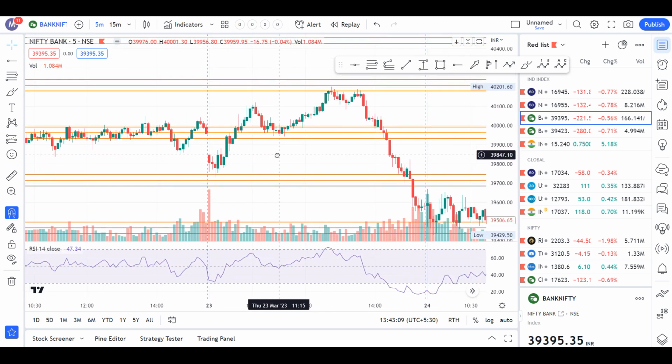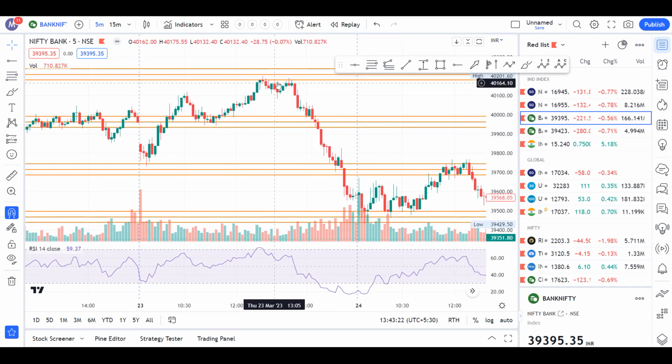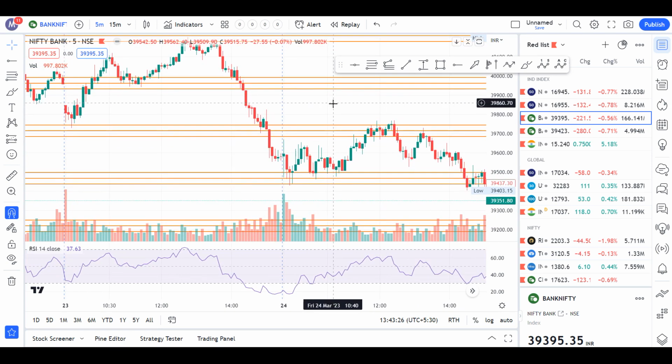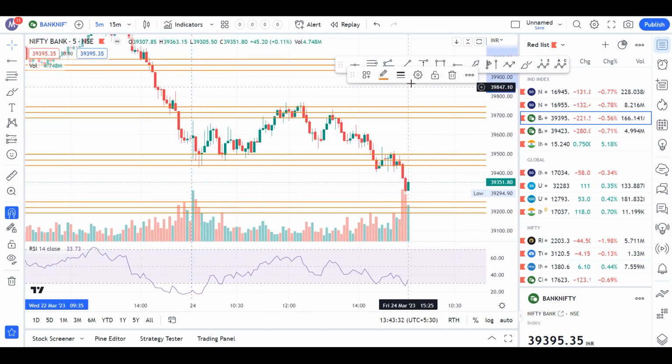Whatever opportunities we are getting, we will have to trade with these things, right? So we got one bounce, then the target, then it gave entry again, no SL hit, second target. Here it formed a double top kind of formation, then it fell and went down. So whenever we get sideways days, this is what we have to consider.